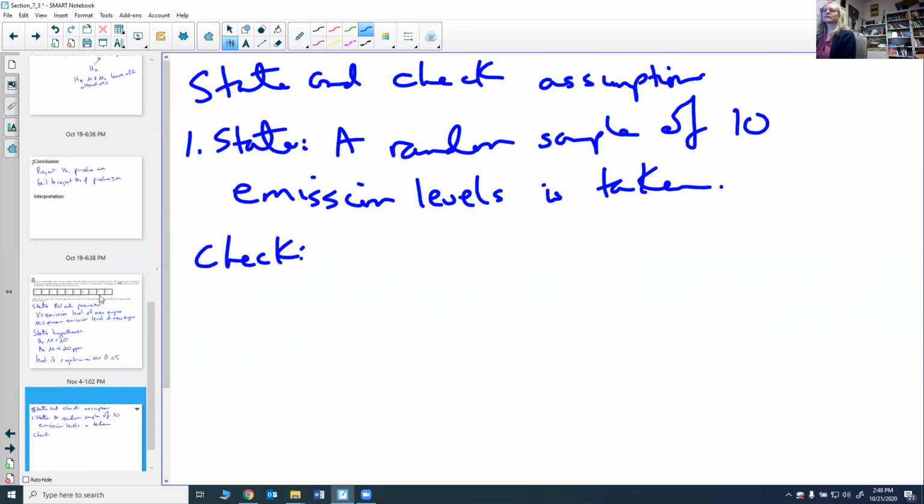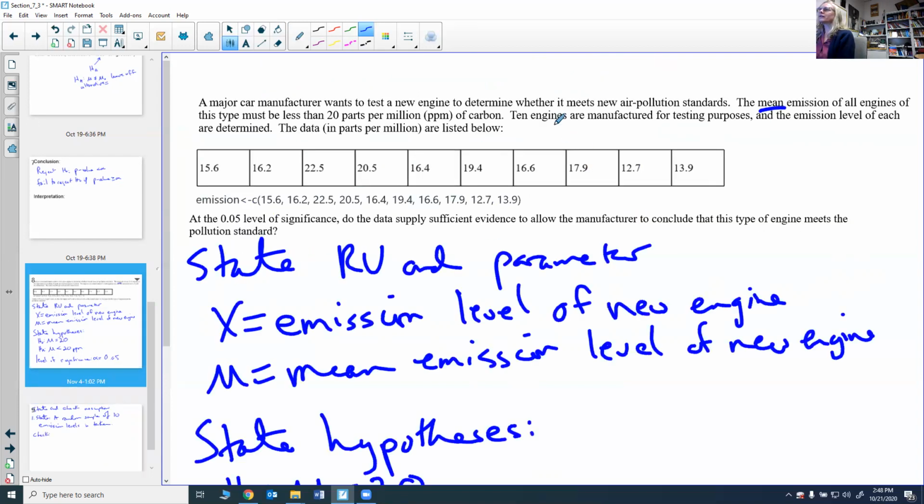So let's go back real fast and look at this problem. And we see here it says 10 engines are manufactured for testing purposes. Well, that doesn't sound like a random sample to me. That sounds like they actually just made a bunch of engines. Now, in reality, that's probably what they're going to do, because they're not going to make a whole bunch and then randomly pick 10. They're going to make only the new ones and then test them.